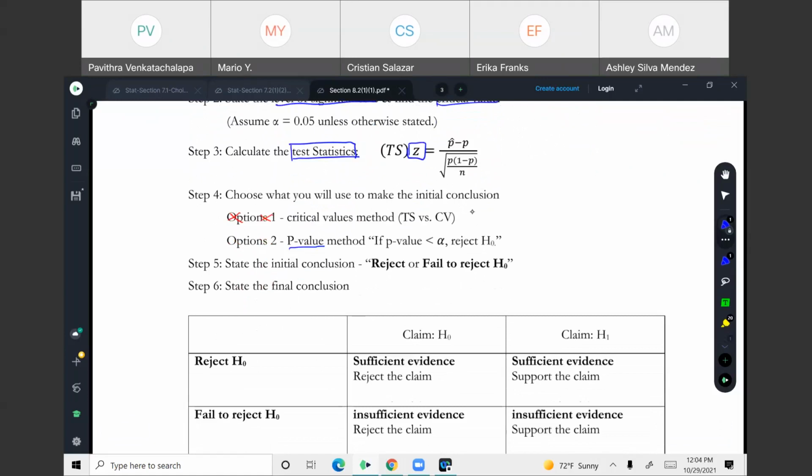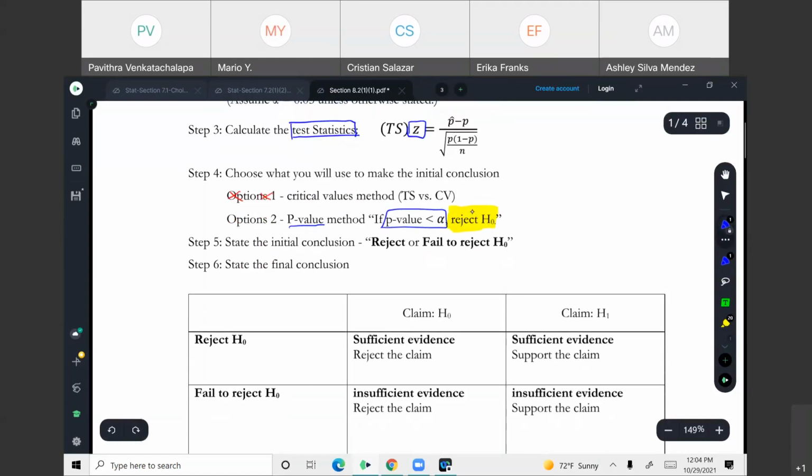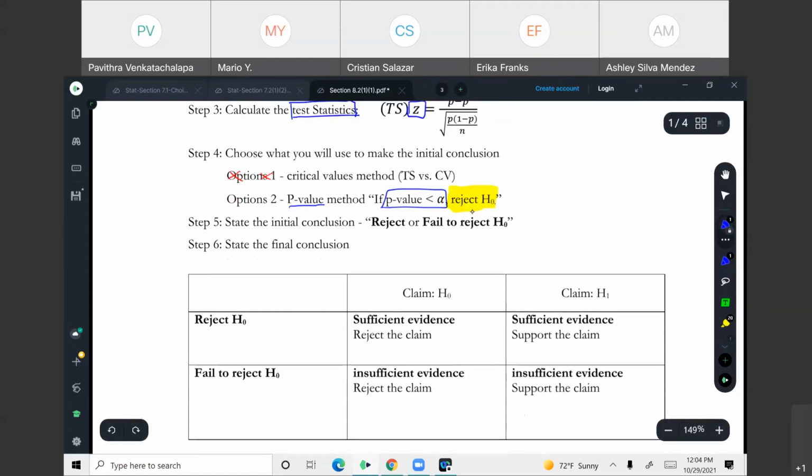If your p-value is less than alpha, you're going to reject H naught. If it is not, you will say fail to reject H naught. In other words, you're going to accept it, but you will be saying fail to reject H naught. That will be your initial conclusion.